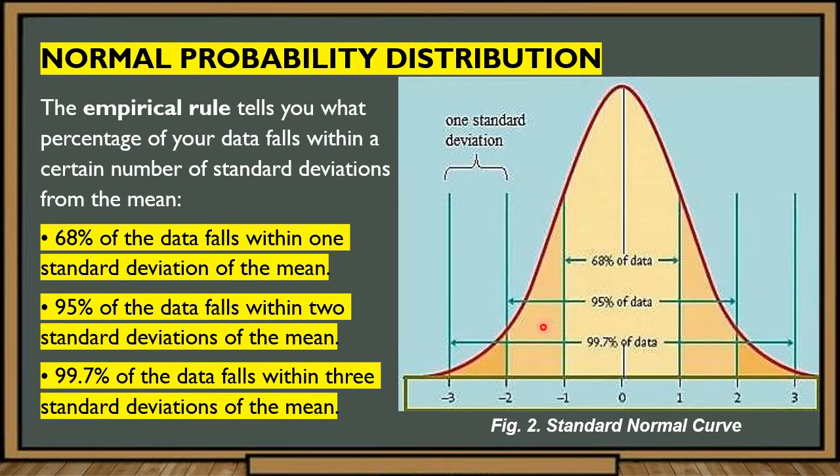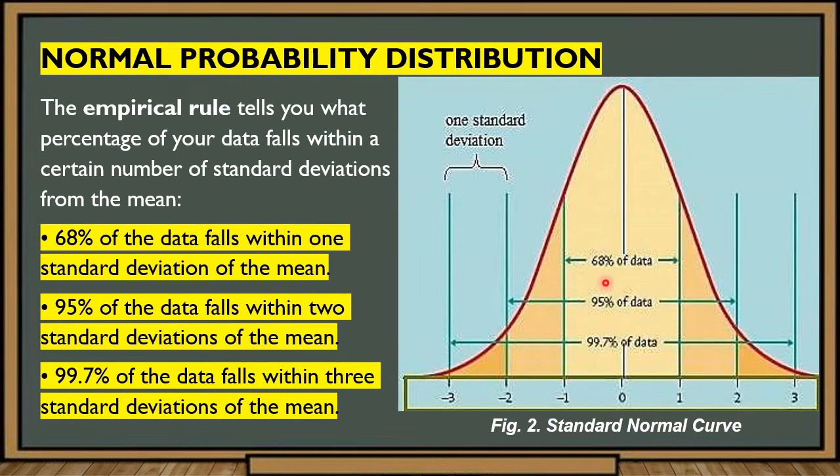This area covers 95% of the data, which is almost closer to 100%. If you have noticed, its coverage is wider than the 68%, because as you can see on the figure, the region covered by our data is also wider.